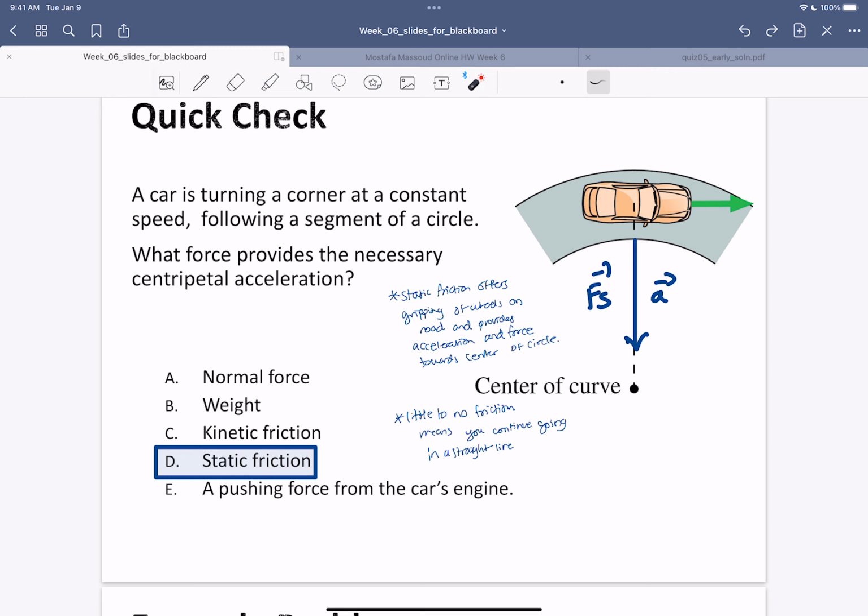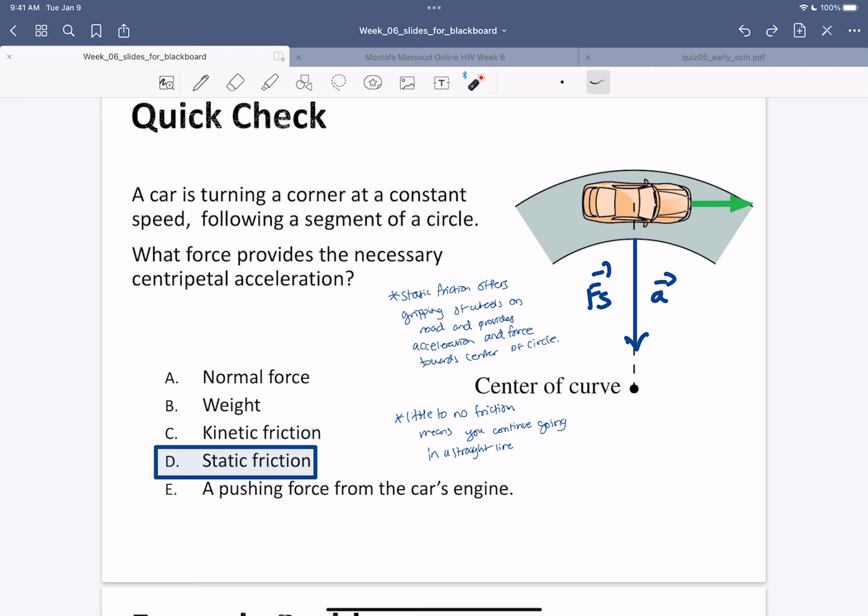Now, I'm trying to think of a different situation that would give you kinetic friction. I don't think there are any notable examples that we did with kinetic friction as our centripetal force, the force directly giving us centripetal acceleration.